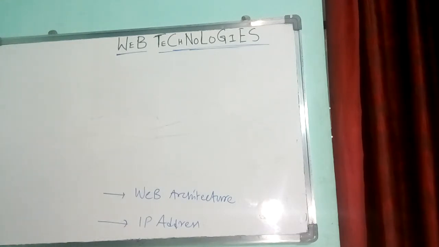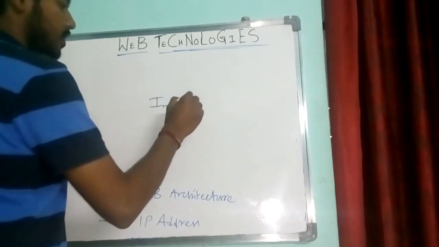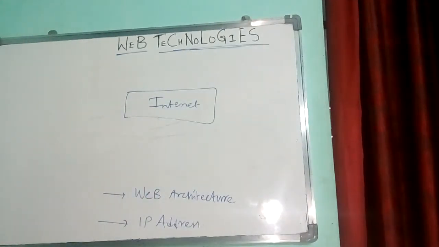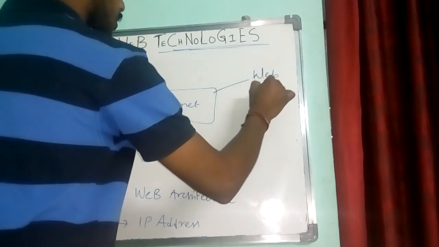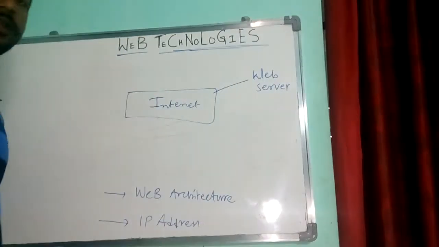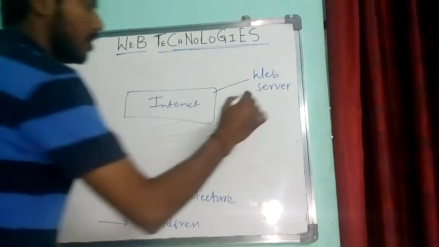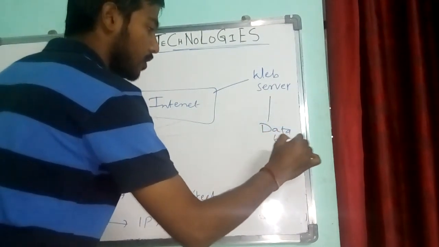The important components of a web are, first, the internet. We need the internet, and we need a user and a server. We have a web server, where whatever we use is stored, and we also need a database to store the information.